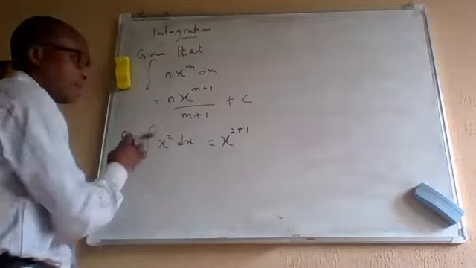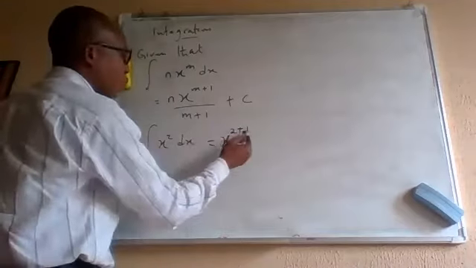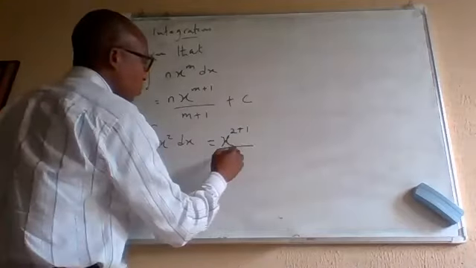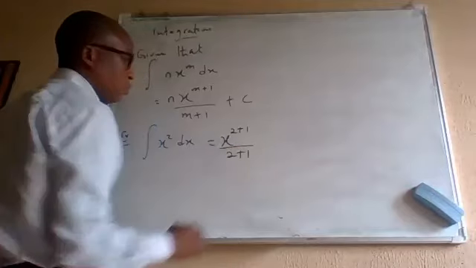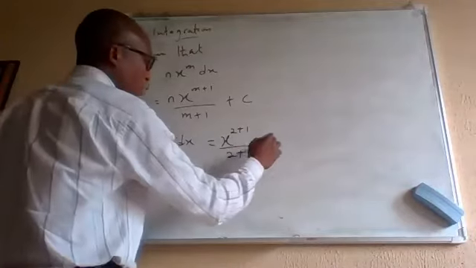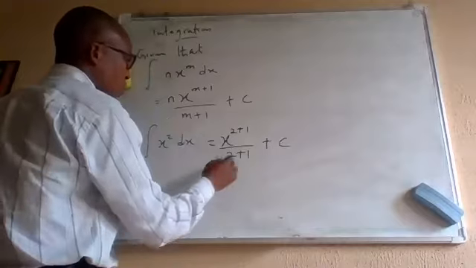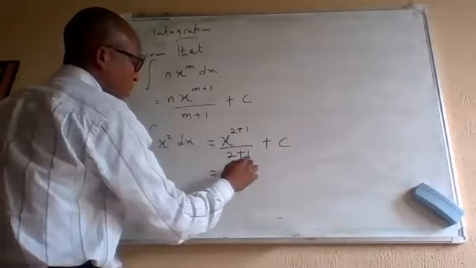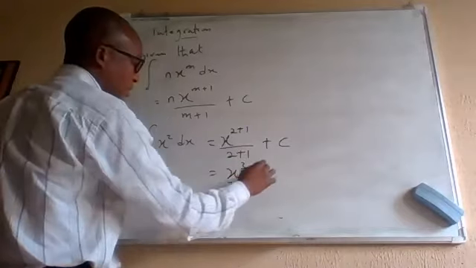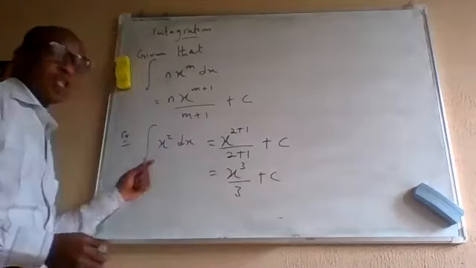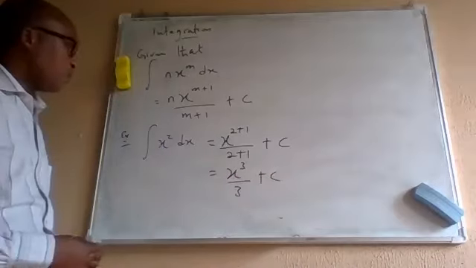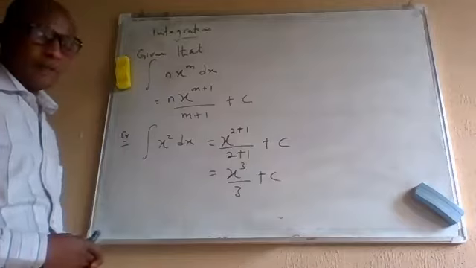So we are adding 1 to the power, then you use it to divide it. This is now the 2 plus 1, then you say plus c. So 2 plus 1 will give you 3. This is over 3, then plus c. So the integration of s squared will give you s raised to power 3 over 3.